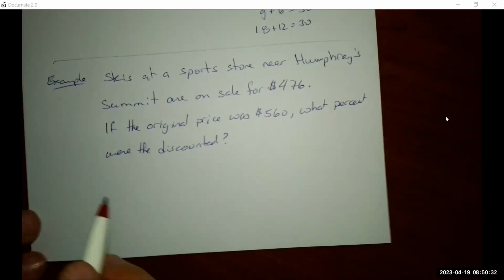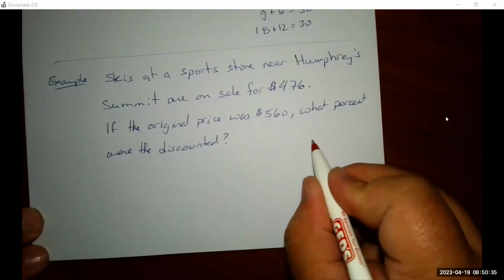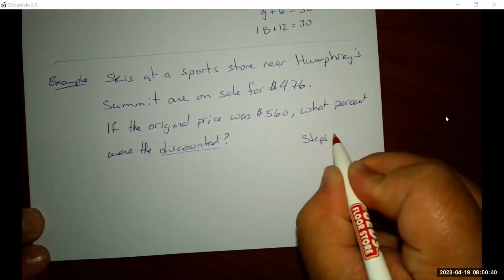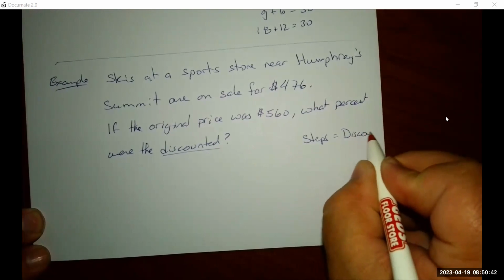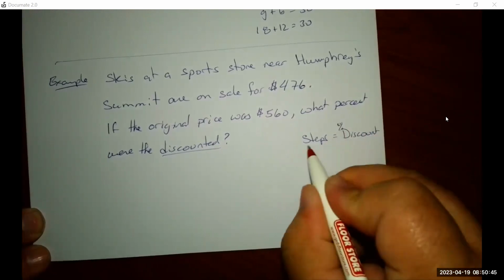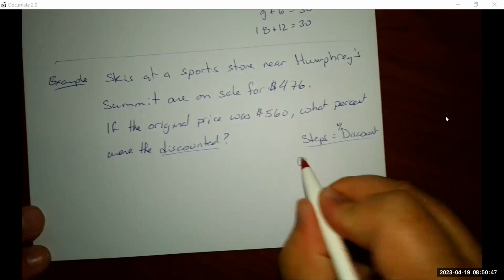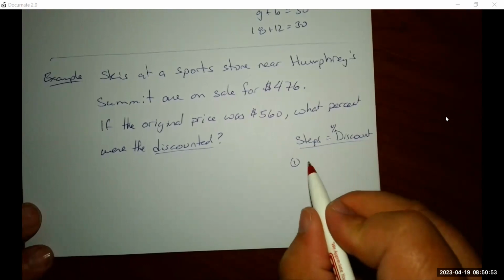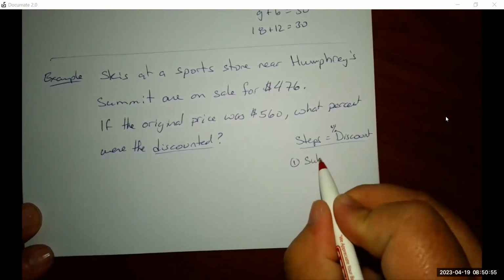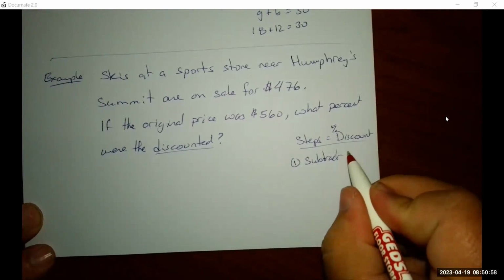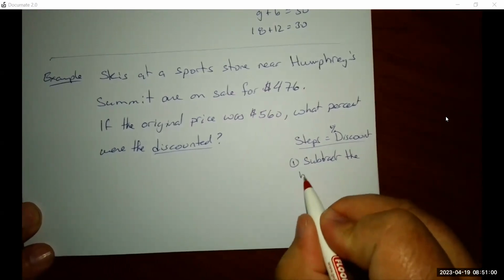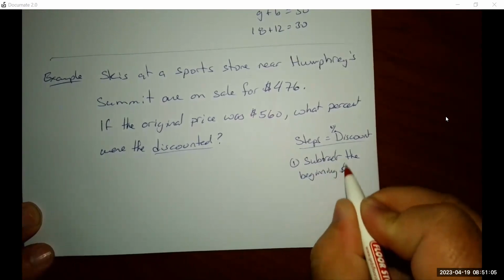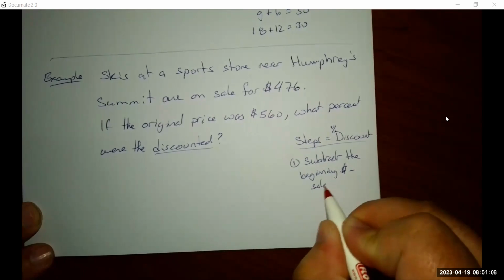All right, so here are the steps. This is a discount. Steps for a percent discount. Subtract the beginning price minus the sale price.